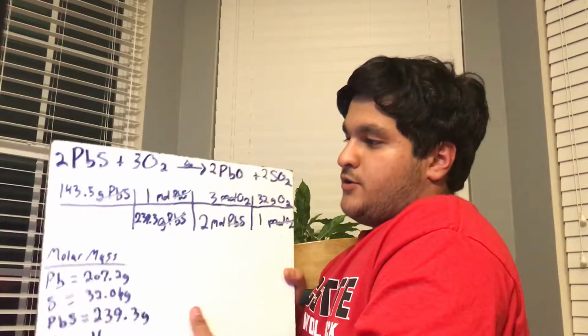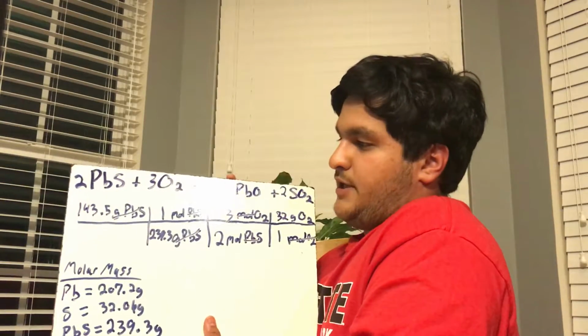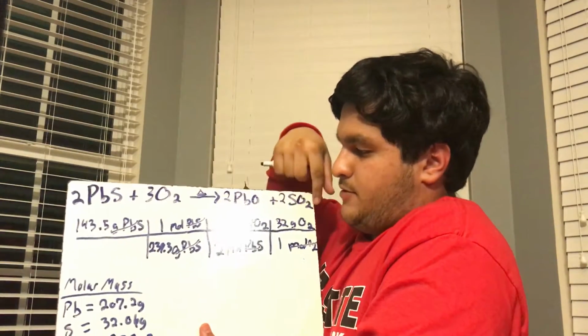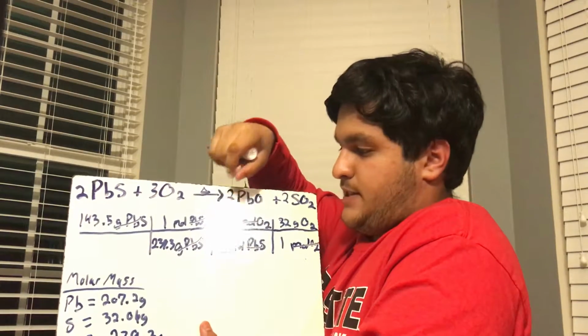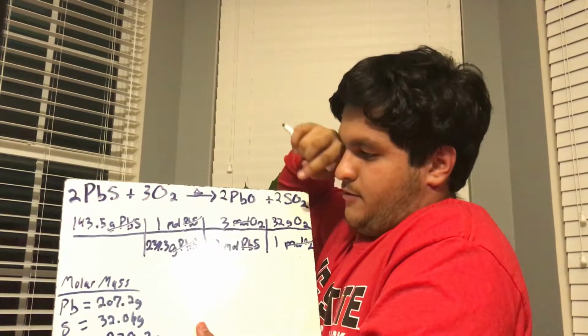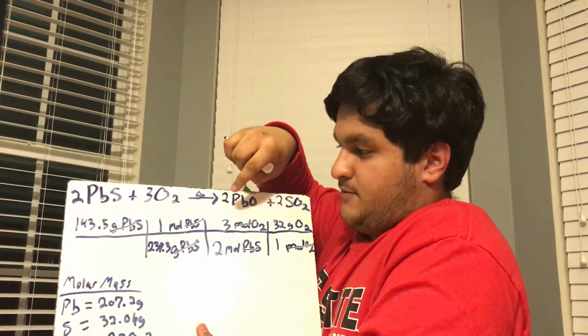So when we put it in the calculator, we're going to multiply the top, put that on top, and then multiply the bottom together and put that on the bottom and divide it from the top. So we would have 143.5 times 1 times 3 times 32 over 239.3 times 2 times 1.